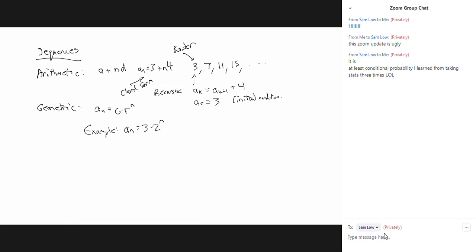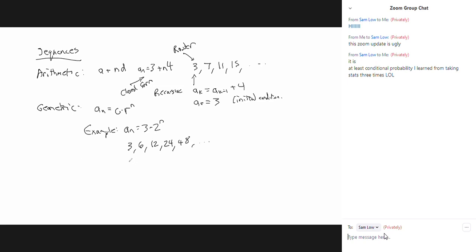So this was the closed form. So what would the recursive form look like? It looks something like 3, then times 2 is 6, times 2 again is 12, times 2 again is 24, times 2 again is 48, and so on.